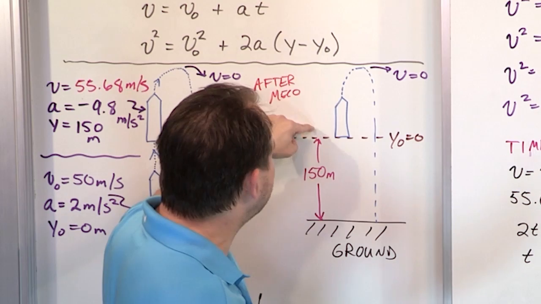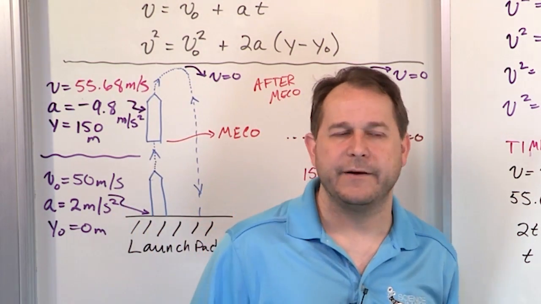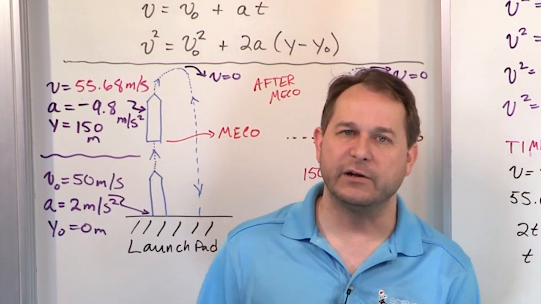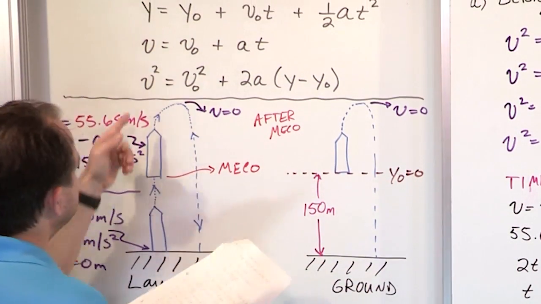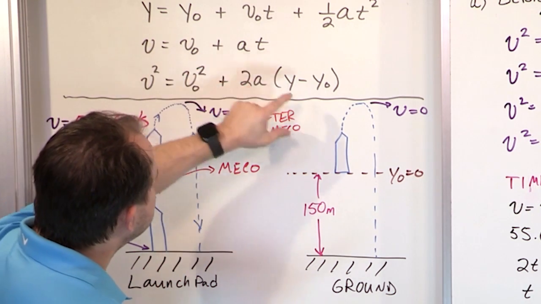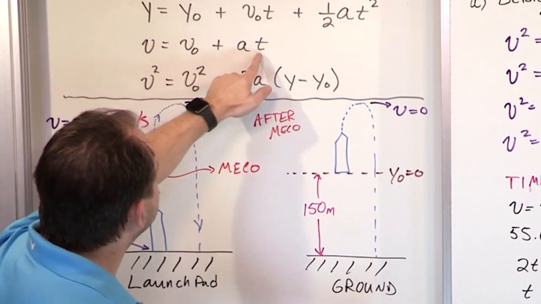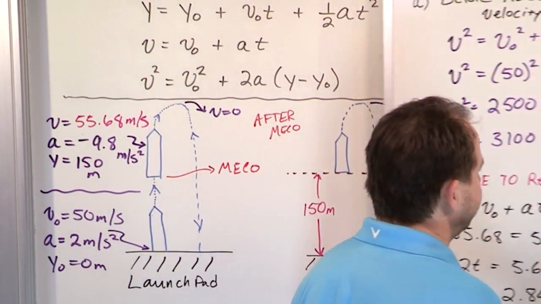How do we figure out the time required here? If there was only an equation that, once we knew the initial and the final velocity, we could find the time. Well, if you know the initial velocity, the final velocity of something, and you know the acceleration, in this region gravity's acting on it, then we know all three of these numbers and we can figure out how long it takes for that to happen.